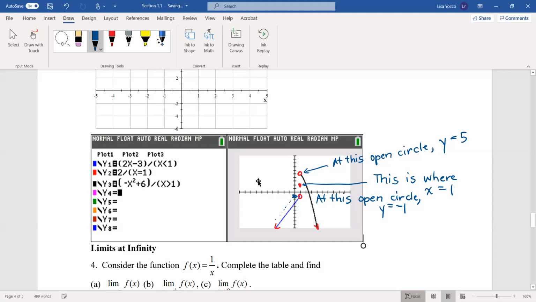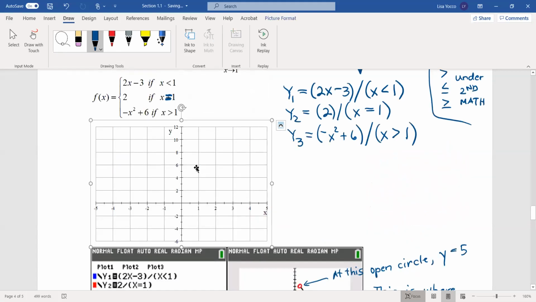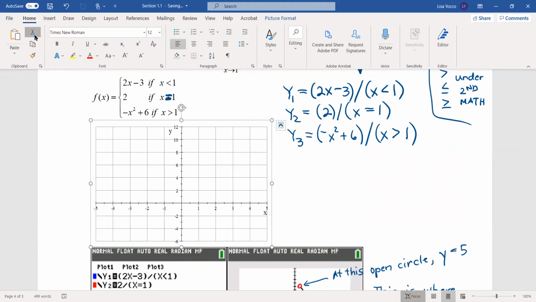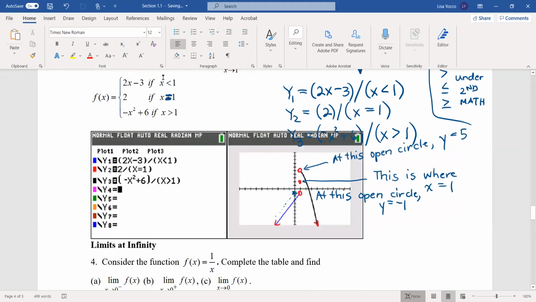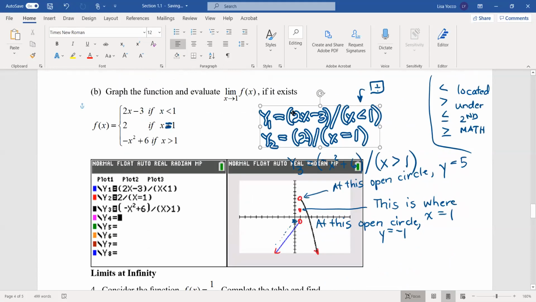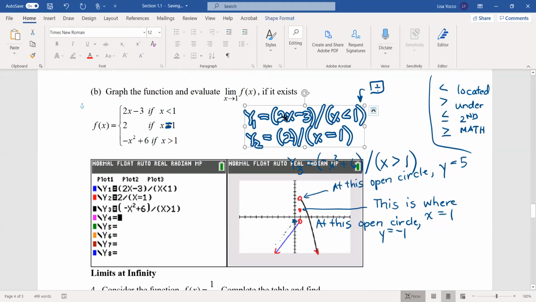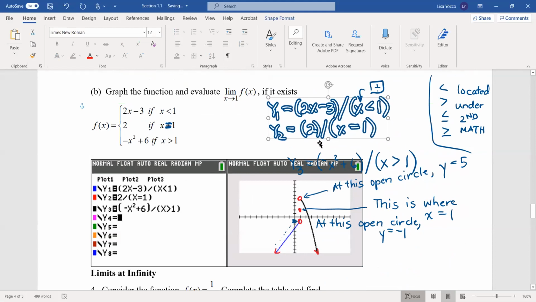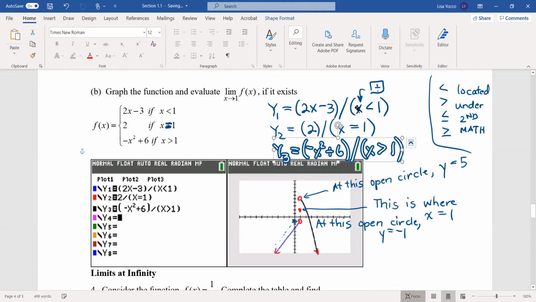And there's actually another way I can tell that. Let me get rid of this graph. Oh, actually, now I kind of mess things up. Okay.